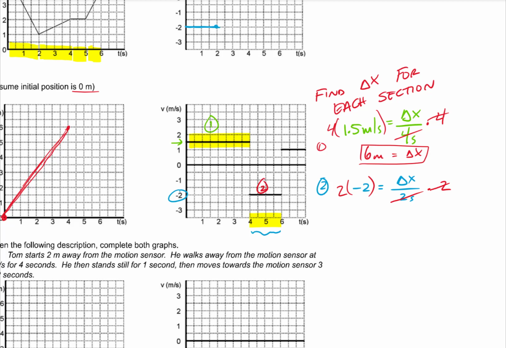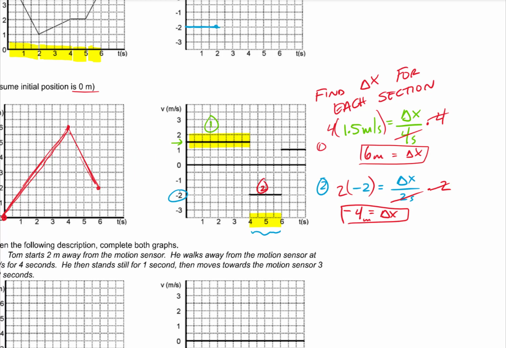That 2 goes away. And so I have -4 meters is equal to my delta x. So for section 2, I start off at 6 and then I go -4 meters. That means I'm going to end up at 2. So at 6 seconds, I go from 6 all the way down to 2 because that's -4 meters. So this is what my path looks like there for the second chunk.